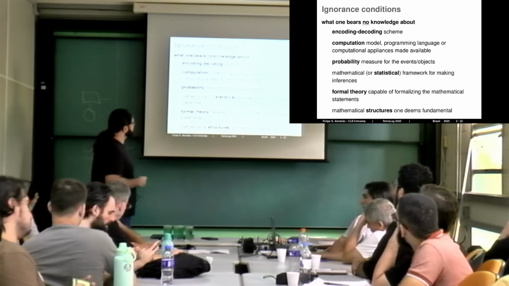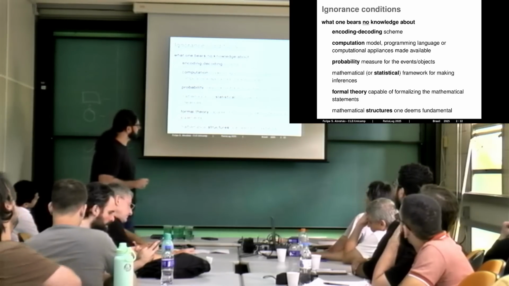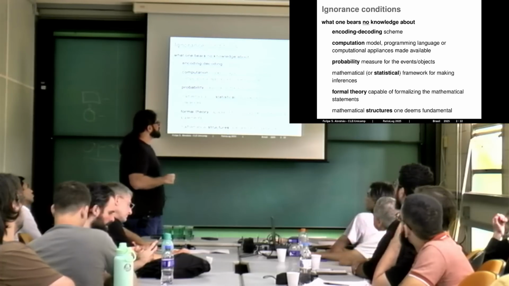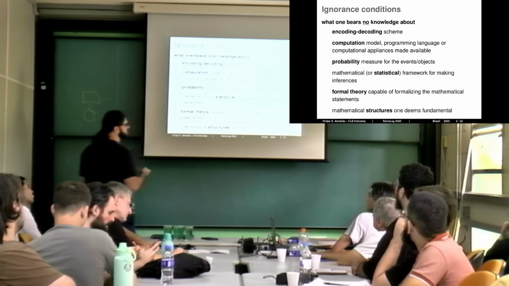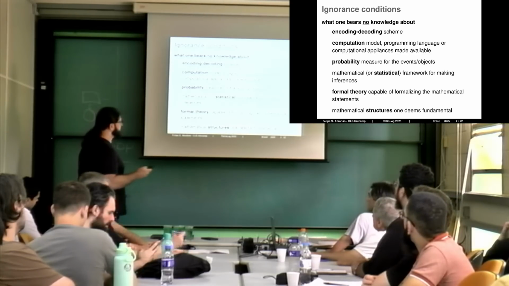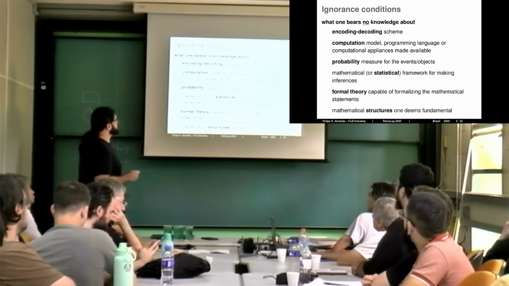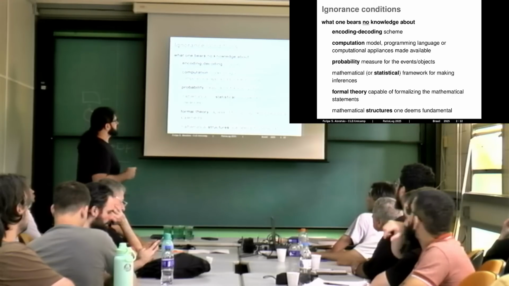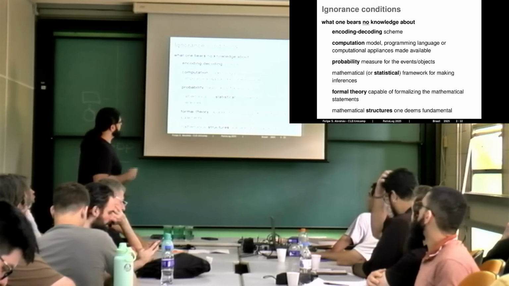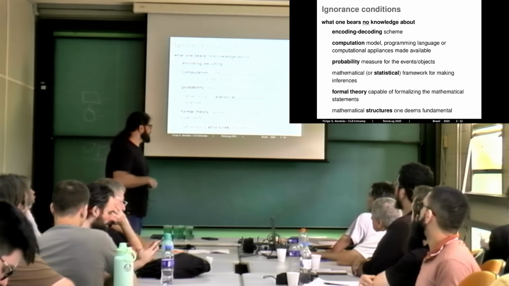And then it continues. You can be even ignorant about the formal theory with which this other agent is formalizing the mathematical statements, theorems, verifications, proofs, and so on, using all of this other apparatus up in this hierarchy.